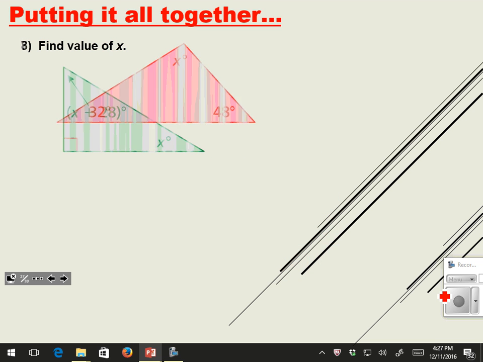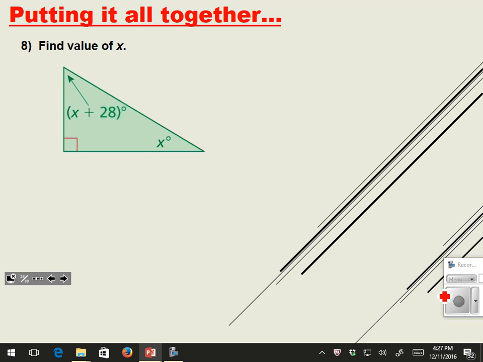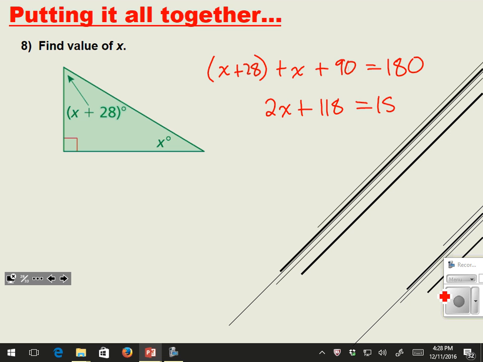All right, number 8. Oh, this gets a little more complicated, and it's based upon the review we just did. It's a triangle. All the angles add up to 180. So this is what I'm going to do. X plus 28 plus X plus 90 equals 180. I then get 2X plus 118 equals 180.